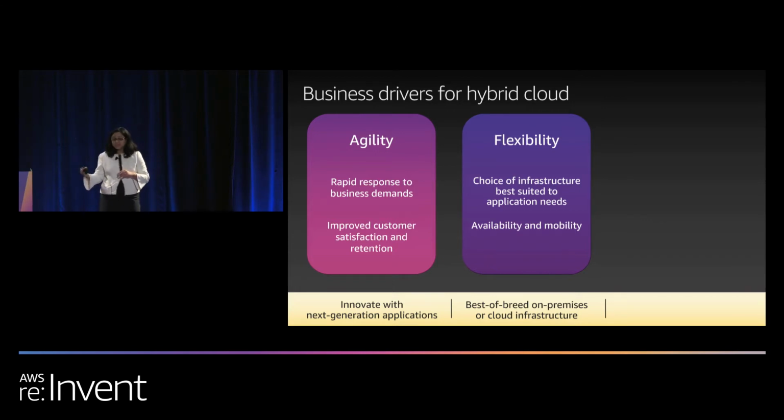And because of this, you need to have the flexibility in your infrastructure so that you are able to give the best-of-breed infrastructure for your applications. And those applications can be spread anywhere between your on-prem or the cloud data centers.